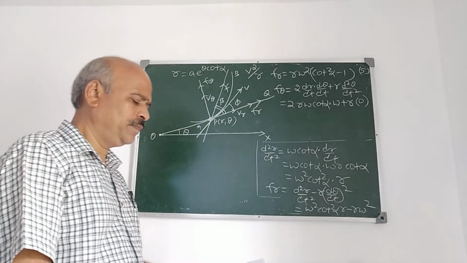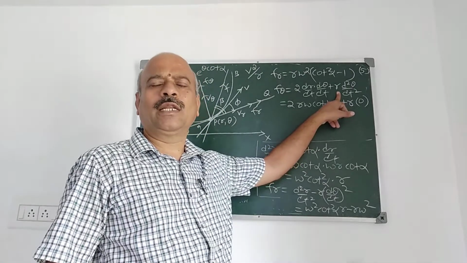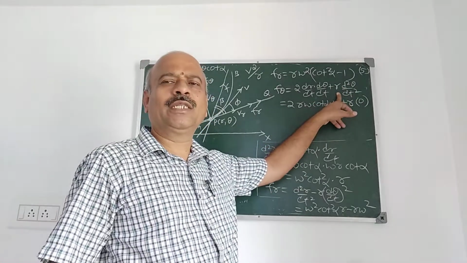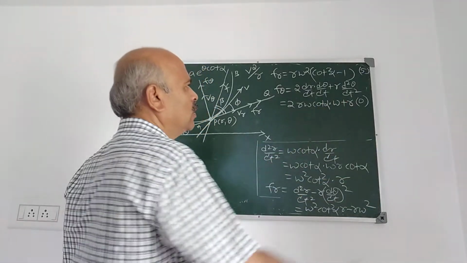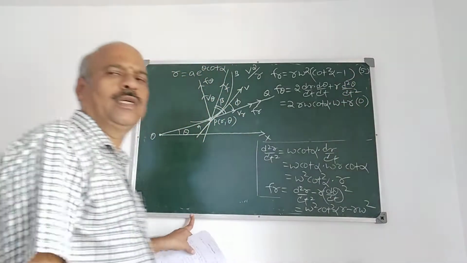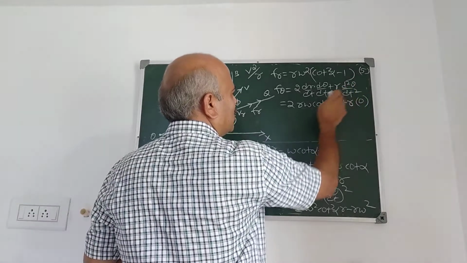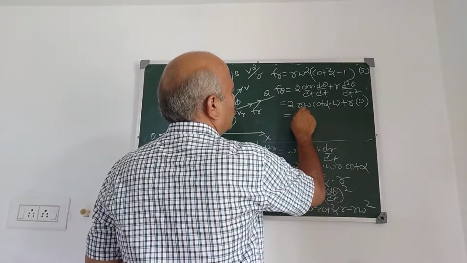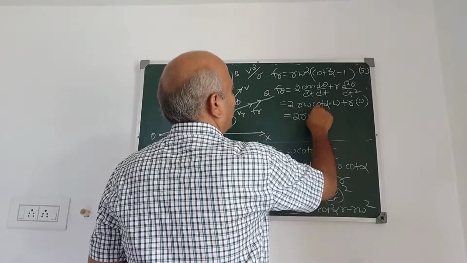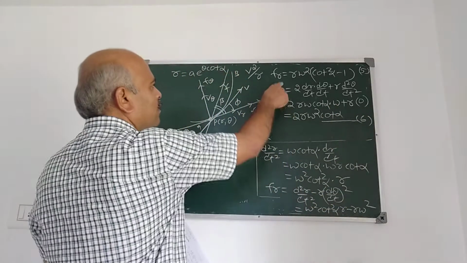Because what is given? Refer to the problem: the angular velocity is constant. So d theta by dt is constant, which means its derivative is 0 and the second derivative is 0. So F theta is 2 r omega square cot alpha.